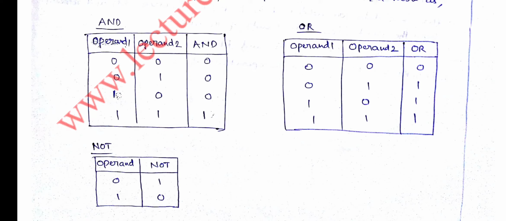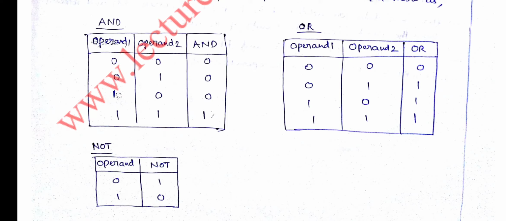See, for AND, in C programming also we discussed this. AND means if you have two conditions, if both the conditions are true, then only it is true. Otherwise it is false, like that.